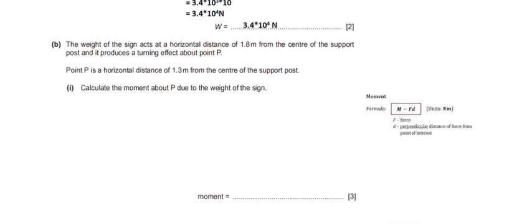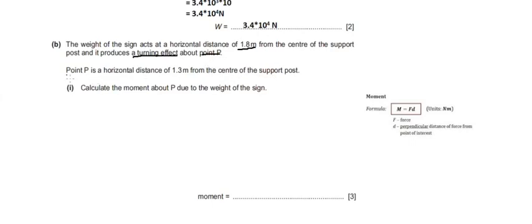Then B part of the question: the weight of the sign acts at a horizontal distance of 1.8 meter from the center of the support post, and it produces a turning effect about a point P. Okay, so whenever there is a turning effect, it is a question of the moment.